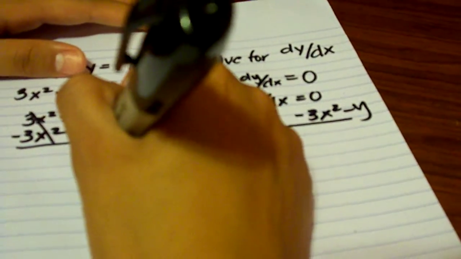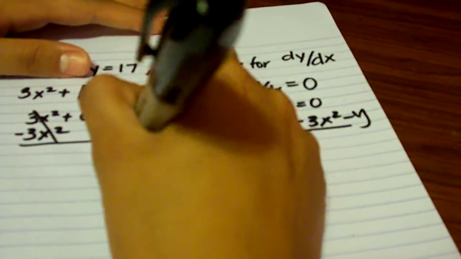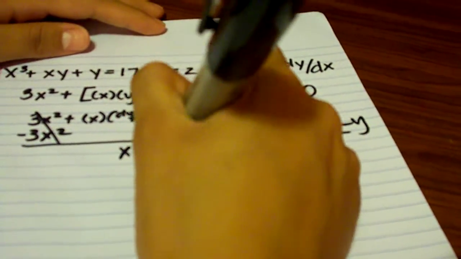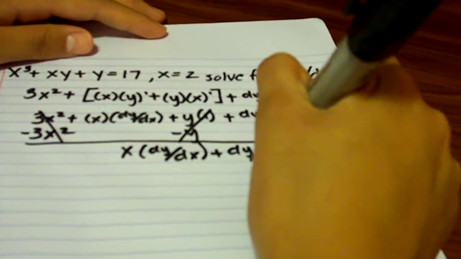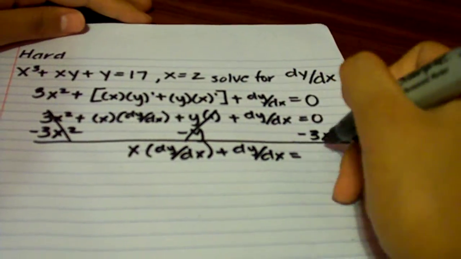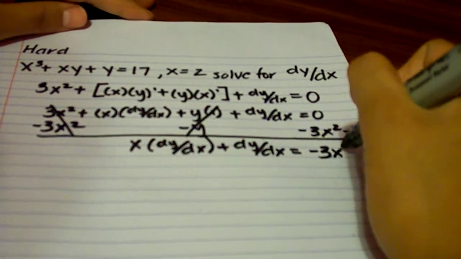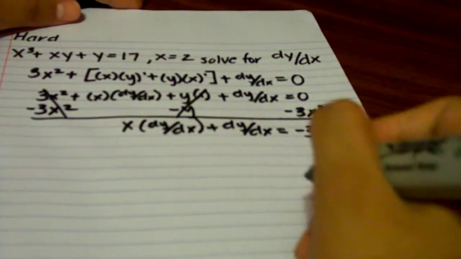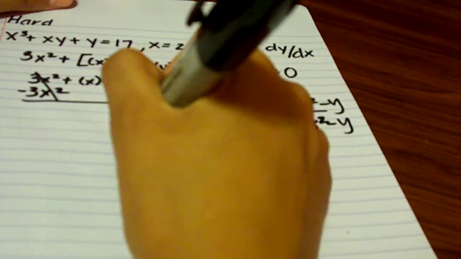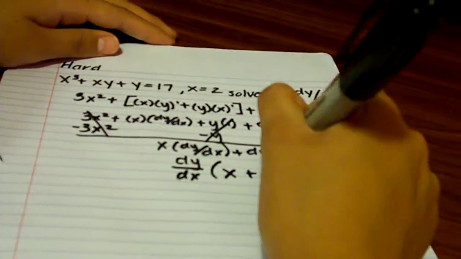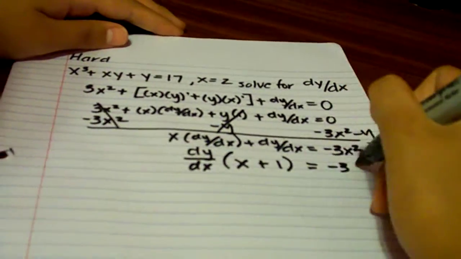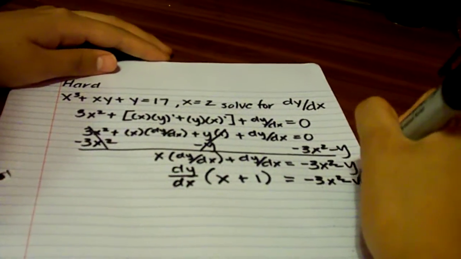So you're left with x times dy over dx plus dy over dx equals negative 3x squared minus y. You have a common factor here, which would be dy over dx, so you factor it out. So it would be dy over dx, parentheses, x plus 1, equals negative 3x squared minus y.